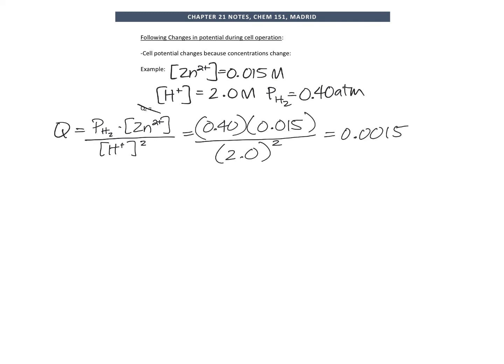All right, you should get a Q that is much larger than your previous Q because you have more products, so 0.0015. Let's plug that back into E cell and calculate our new E cell. We're trying to see what happens to our cell potential as we gain more products and lose the reactants.